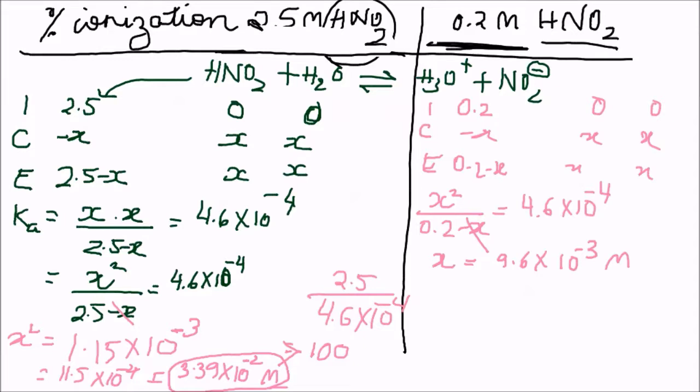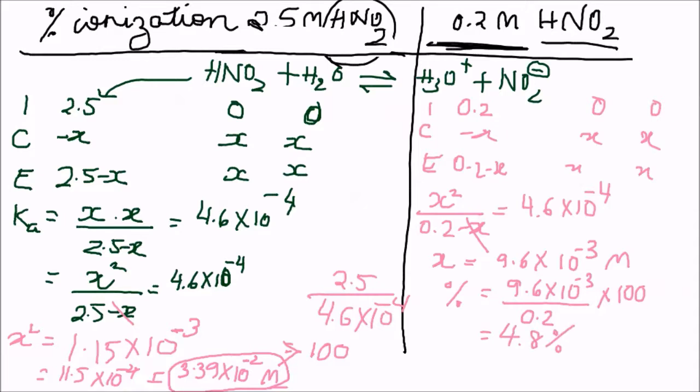So now if you wanted to determine the percentage dissociation in case of the lower concentration, you would simply say that that's going to be 9.6 times 10 to the power of negative 3 divided by 0.2, because that is my initial concentration, times 100. And that number comes out to be 4.8%.